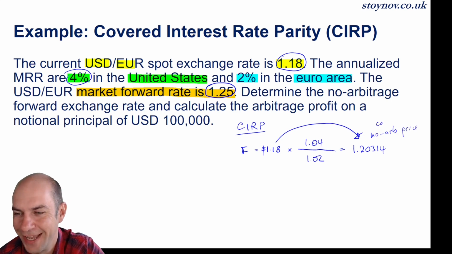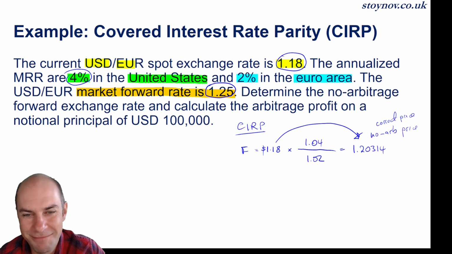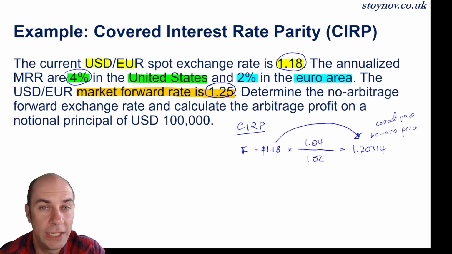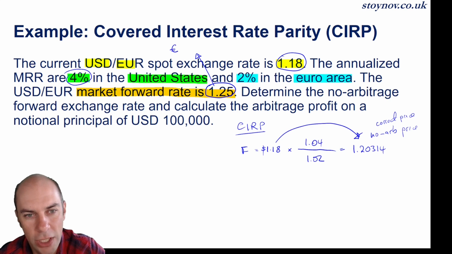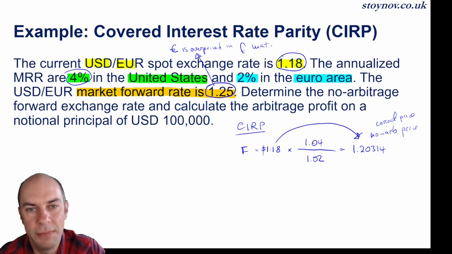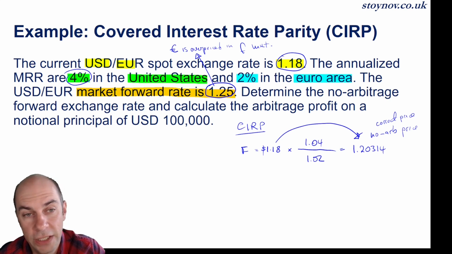This is, if you like, the correct price of a euro in the forward market. But I actually can sell euro rather than being able to sell it at 1.23, I can sell the euro at 1.25. So I need to write somewhere euro is overpriced in the forward market. If I have that statement, I'm going to be able to work out the rest of the arbitrage trade.